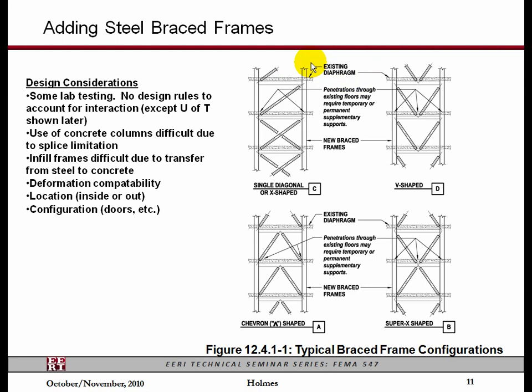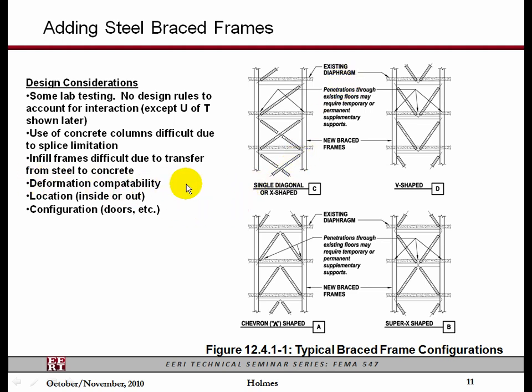The forces are difficult to transfer from the steel into the concrete and then back into the steel as you go down. So in many cases you may want to add a steel member all the way around here, so get your steel brace frame all in steel, and then just make the connection to the concrete at the diaphragms.